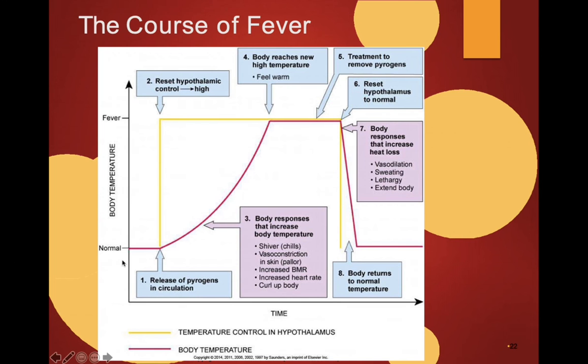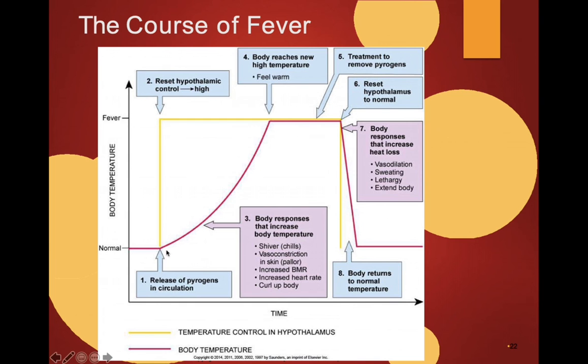Now let's take a look at the course of fever. So you have this normal temperature, but then there's some sort of release of pyrogens into circulation. And what will happen is the body temperature will rise, right? You'll see there's a fever, but that information goes to the hypothalamus, right? Under the thalamus is the hypothalamus. The hypothalamus controls the autonomic neural system, sympathetic and parasympathetic, but it also controls body temperature, okay?